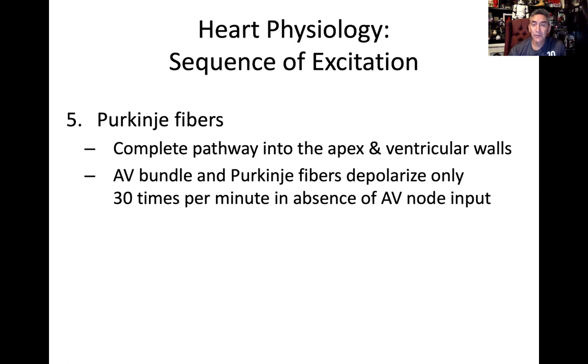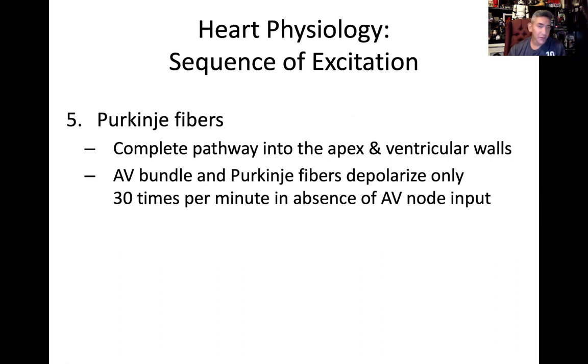And then once we reach the apex, we start working up, superiorly, up the walls of the myocardium. That's what we call the Purkinje fibers or Purkinje cells. They will complete the pathway into the apex of the ventricular walls. The AV bundle Purkinje fibers depolarize only 30 times per minute in the absence of AV node impulse.